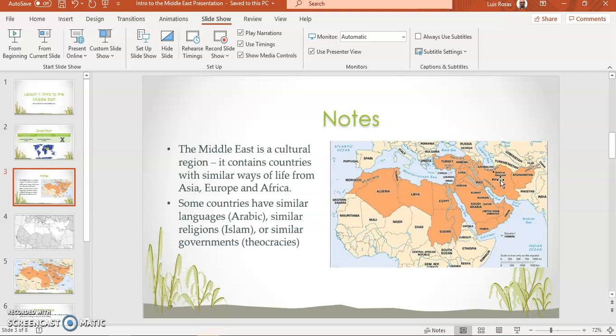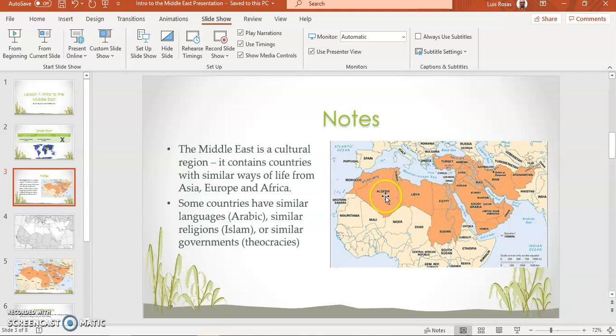So for example, anything about culture, we call this a region because some of the countries in this region speak the same language. Many of the countries here speak the Arabic language. A lot of the countries here, the major religion in each of these countries is Islam. Or for some of these countries, they have similar governments, theocracies.